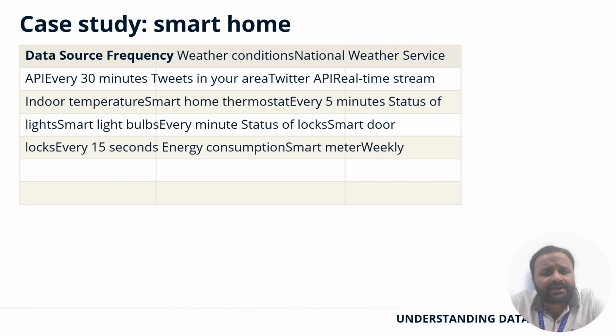The first two are provided by APIs. Every 30 minutes, you get the weather conditions, and you get tweets geotagged in your neighborhood whenever they are published. The remaining rows are IoT devices that send their sensor data over the internet at the specified frequencies.